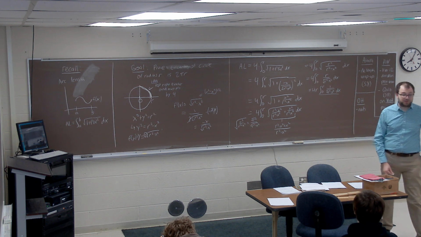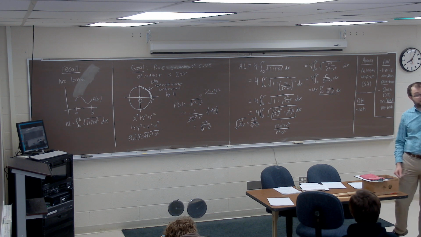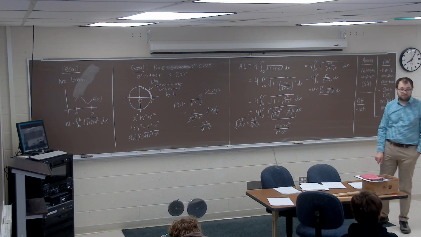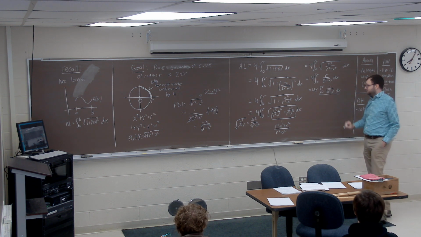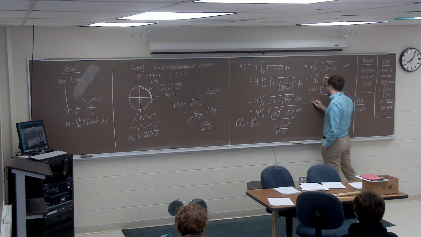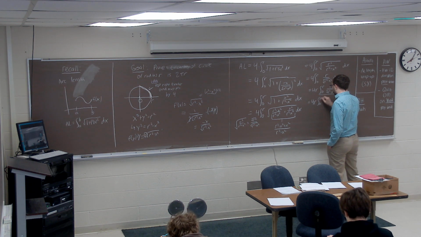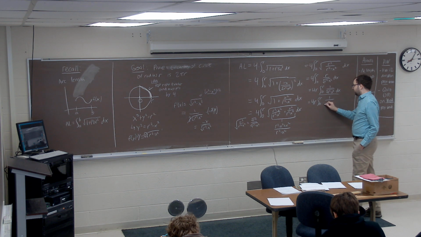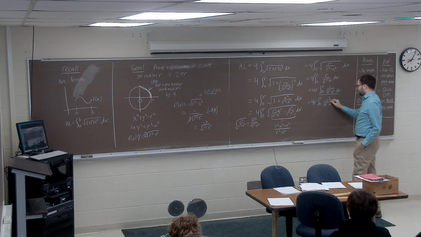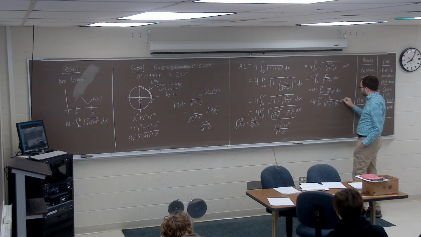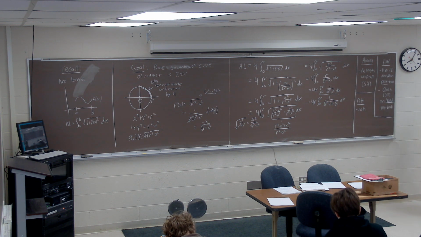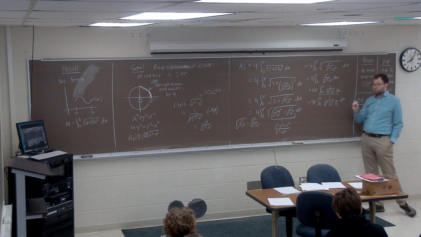All right, Nora, how do you think we should approach this one? I think you could probably factor out an r from the expression. From the r squared minus x squared? Yeah. Okay, I think we could do something like 4r times the integral from 0 to r of 1 over the square root of r squared times the square root of 1 minus x squared over r squared, factoring r squared out of r squared minus x squared.